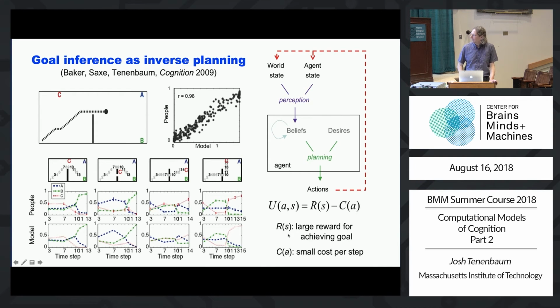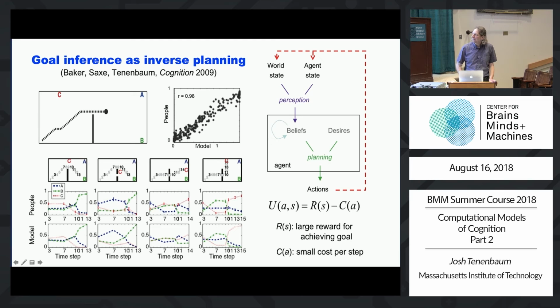Okay? And what we found, I'm just showing you a few of these scenarios. These are just little snapshots of an agent moving along this path, and we ask people at different points in time which of the three objects, A, B, or C, is the agent's goal. And you can see all sorts of interesting dynamics where sometimes you're just very clear from the beginning.